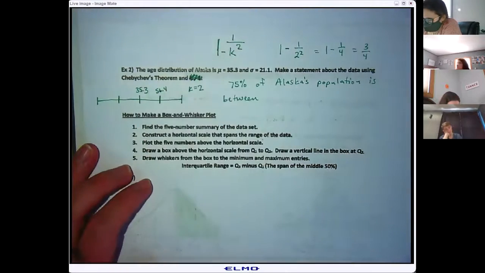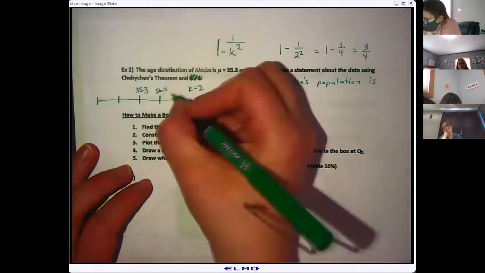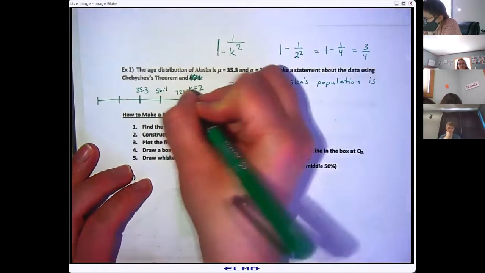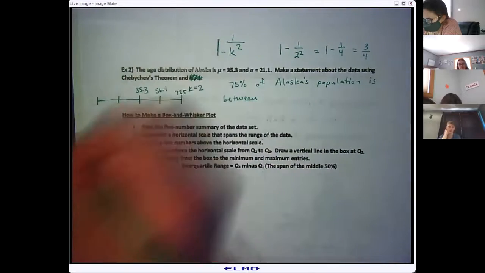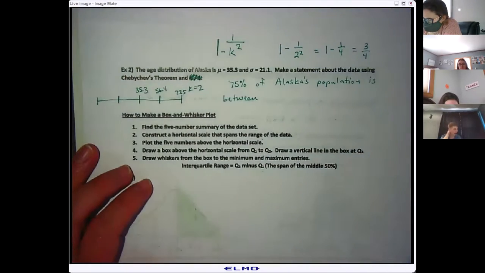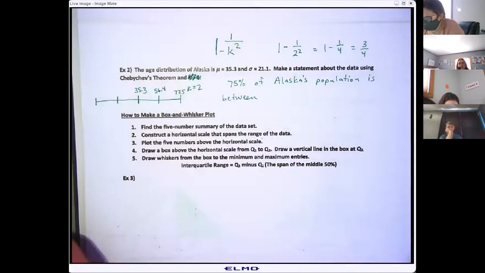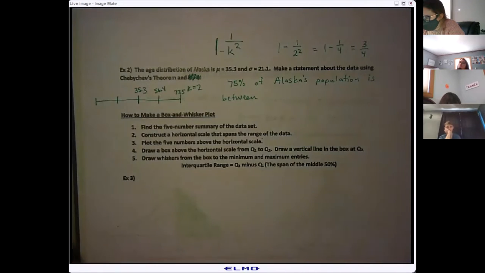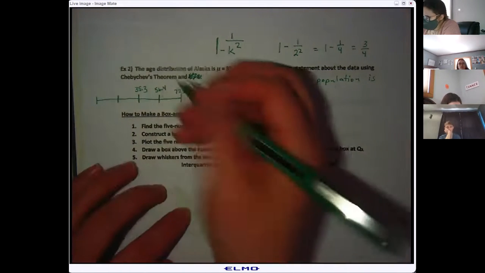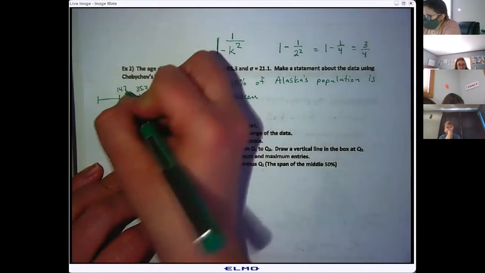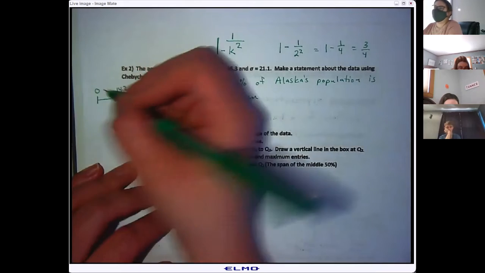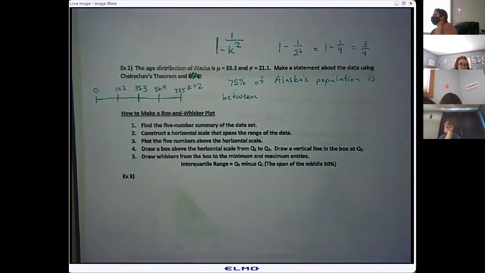And if I add it again, I get 77.5. And then if I subtract it, oops, 35.3 minus 21.1, I get 14.2. And then this one, I'd actually get a negative number, but I'm going to call that 0 because we're talking about ages of people, right?